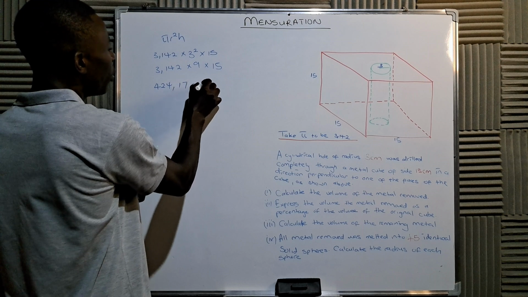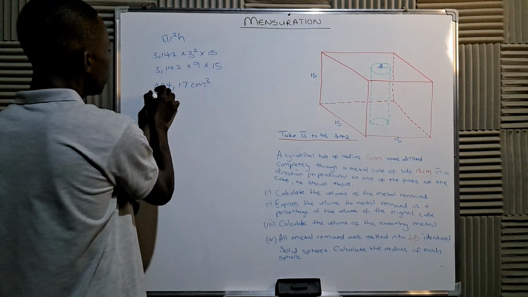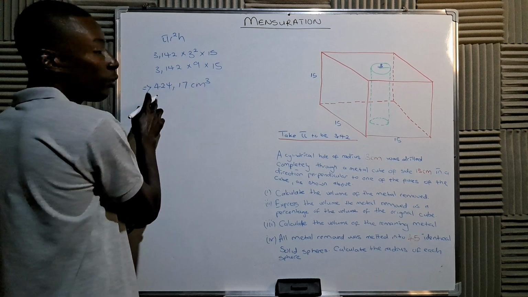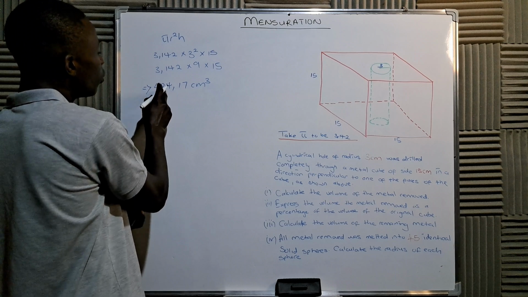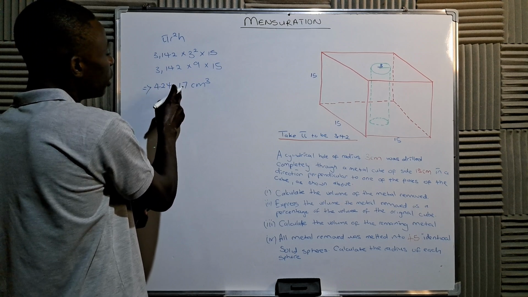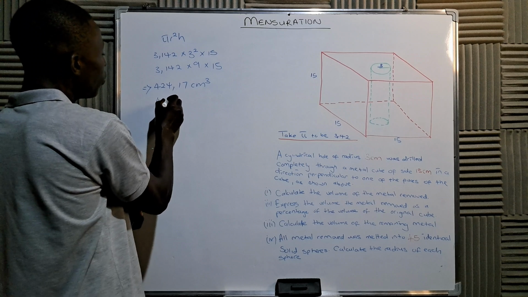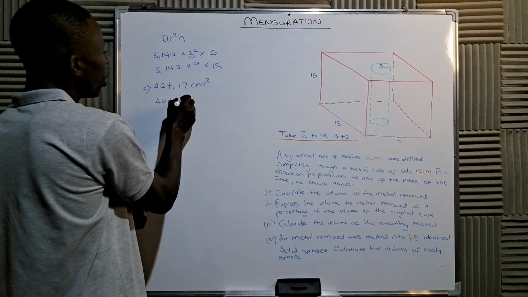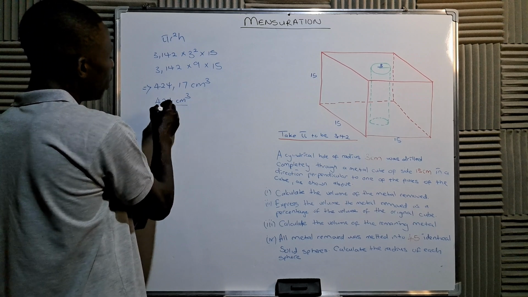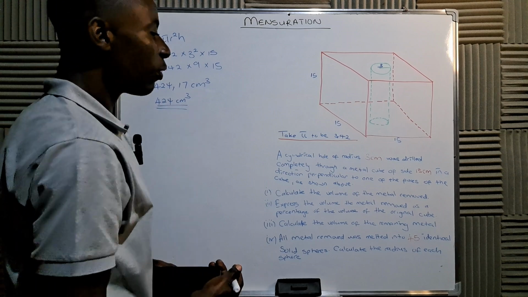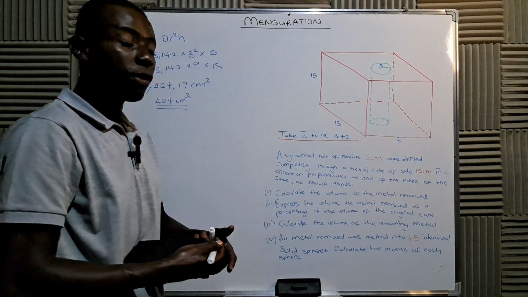424.17 cubic centimeters. But let us round off this to 3SF. So 1, 2, 3, and you look at this and it is below 5, so it remains 424 cubic centimeters. So this is our answer for the volume of the metal removed.